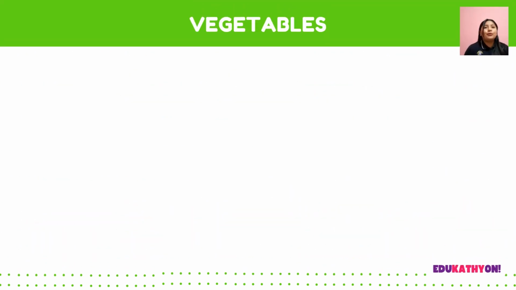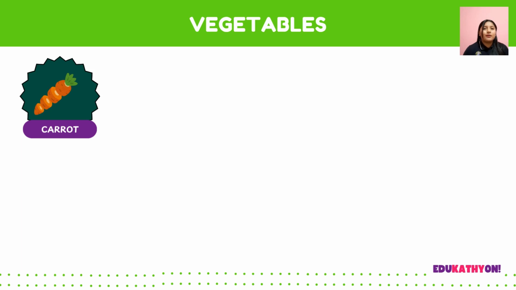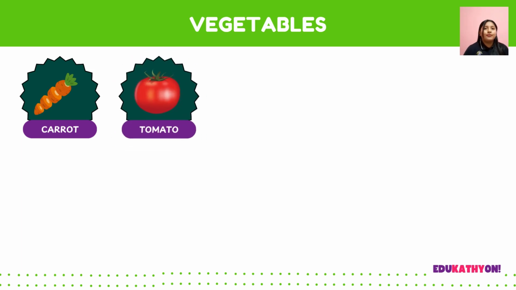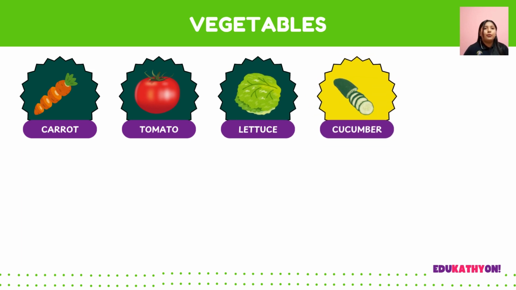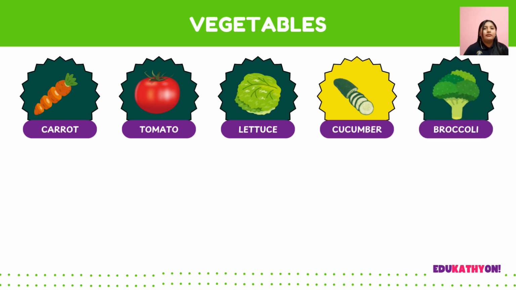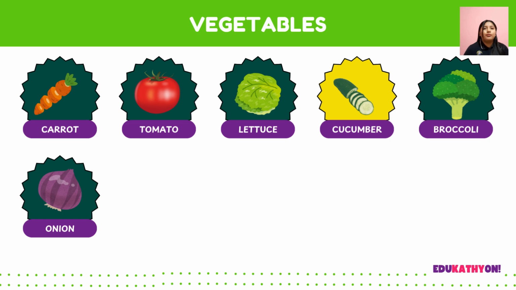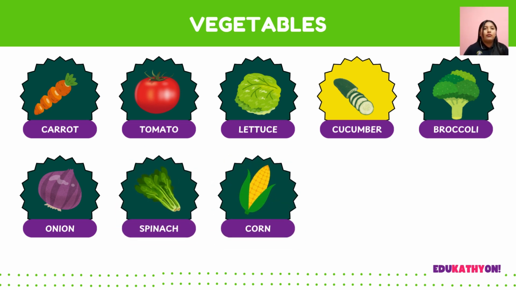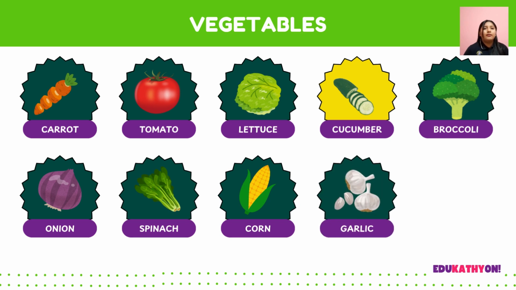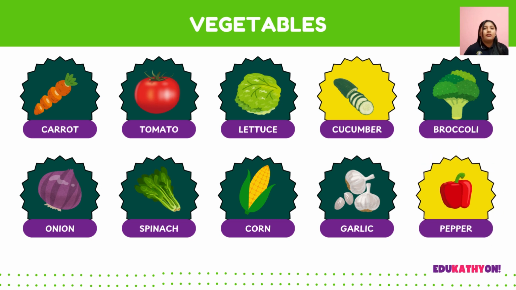Now let's move to vegetables. Here we have: carrot, tomato, lettuce, cucumber, broccoli, onion, spinach, corn, garlic, pepper.